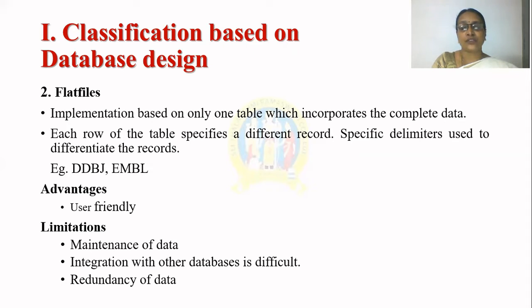The advantage of the flat file mode of database design is that it is user-friendly. The limitations in the flat file design are that maintenance of data is difficult. Integration with other databases is also difficult. There is a redundancy of data. Redundancy is nothing but repetition of the same data.